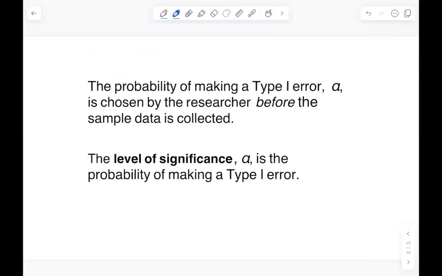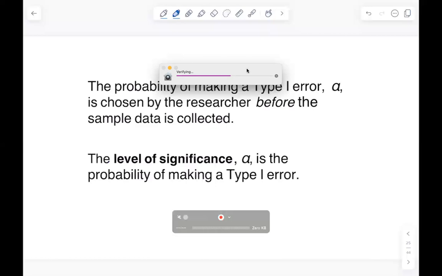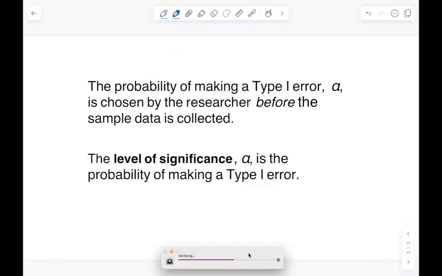Okay. So the alpha is chosen by the researcher before we choose the, what the heck is going on with my computer? I'm going to move this thing here. Okay.